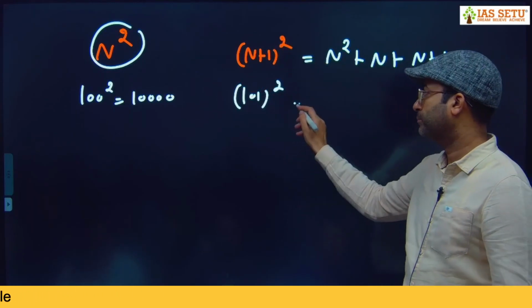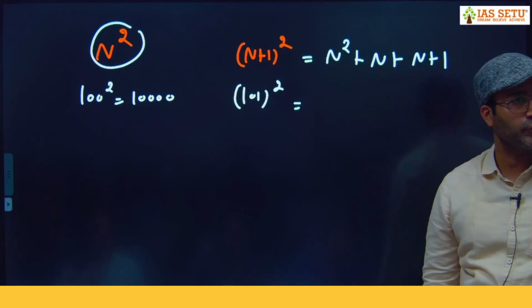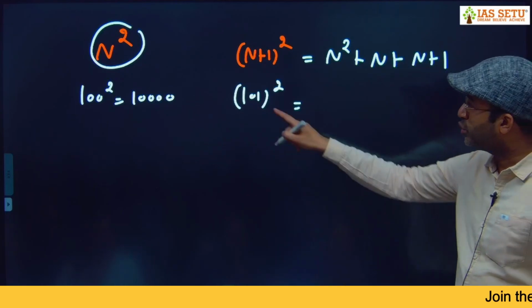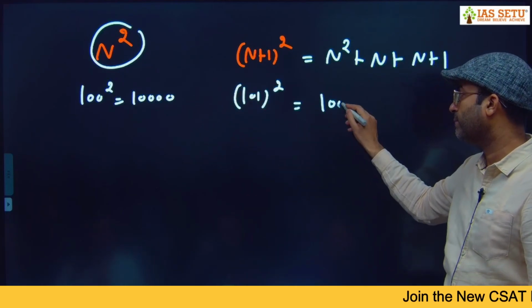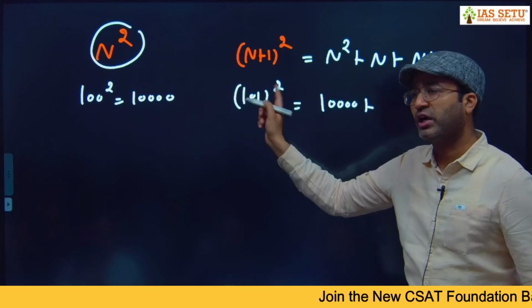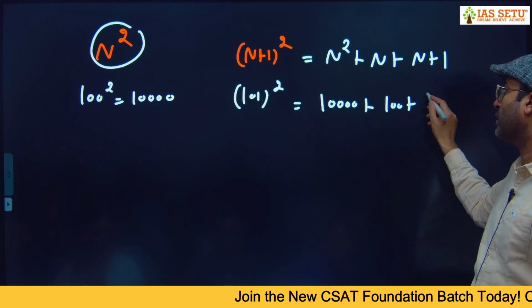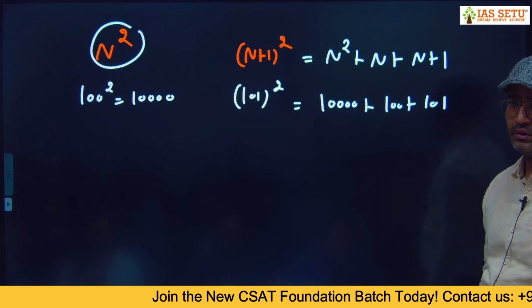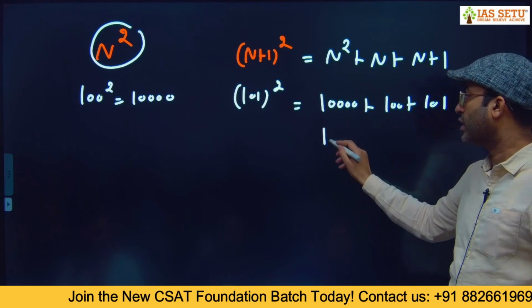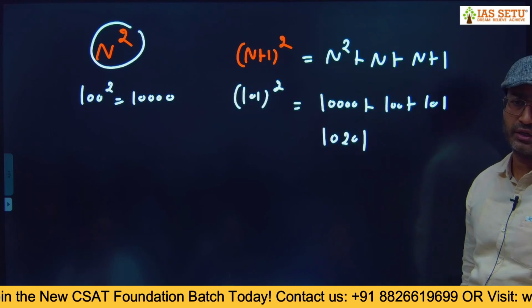I repeat, I know 100 square and you ask me 101 square. So I use 100 square, 10,000, and add both the numbers, 100 plus 101. So your answer is 10,201.